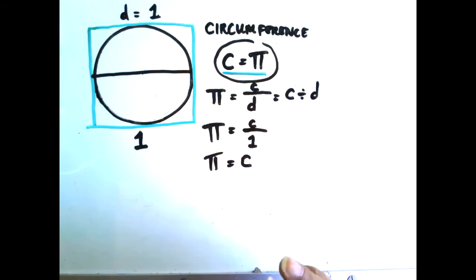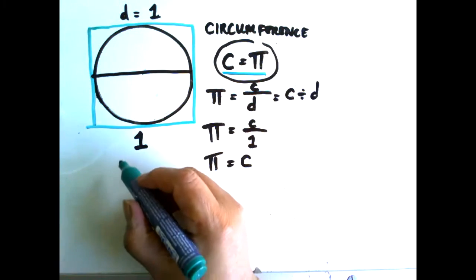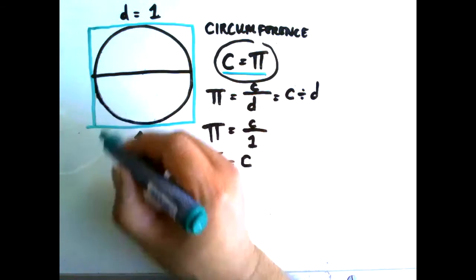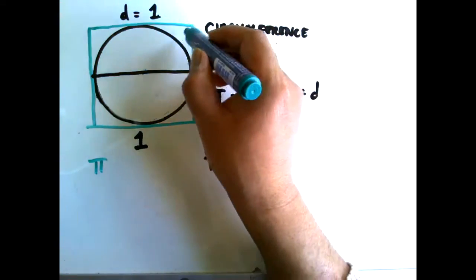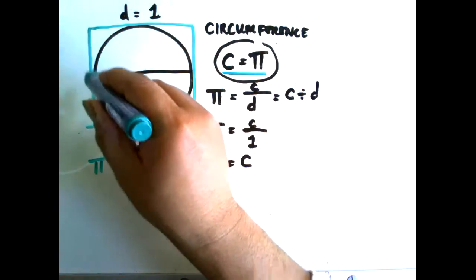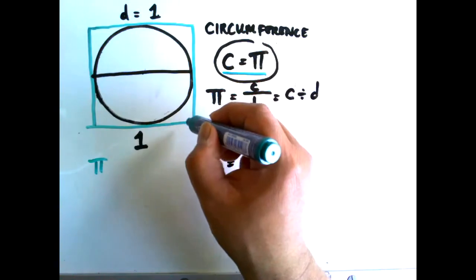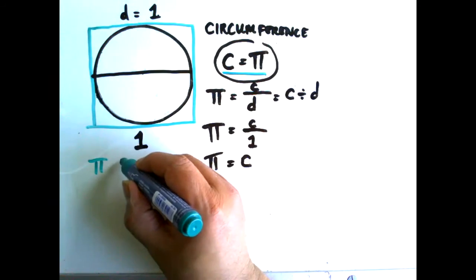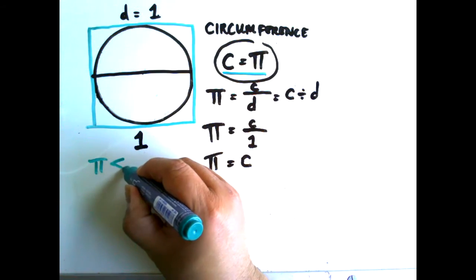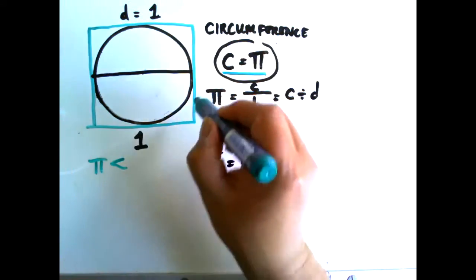So it would mean that when I had spoken to you before, I would say sometimes that pi should be less than the perimeter of this square. And what's the perimeter of the square? 1, 2, 3, 4.